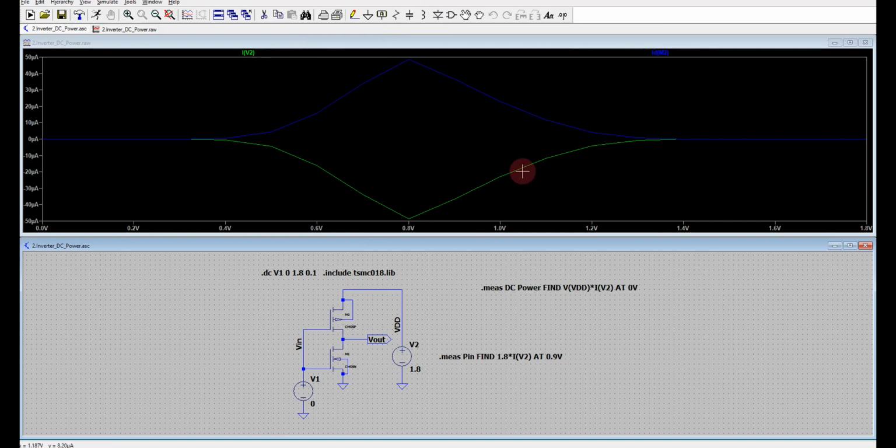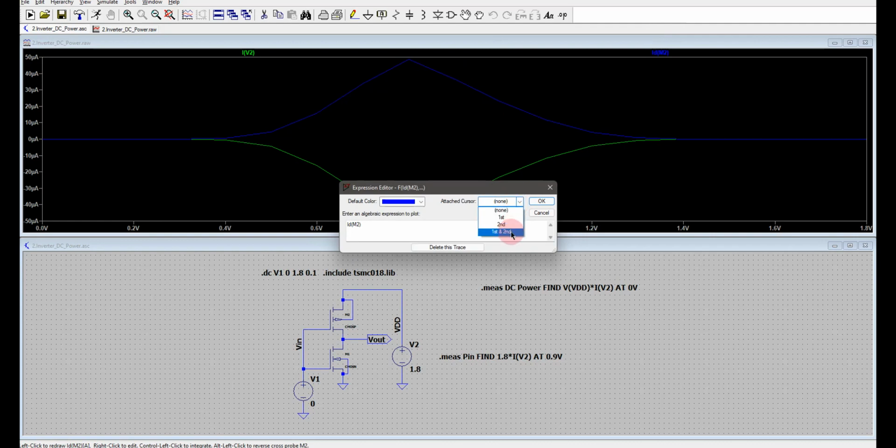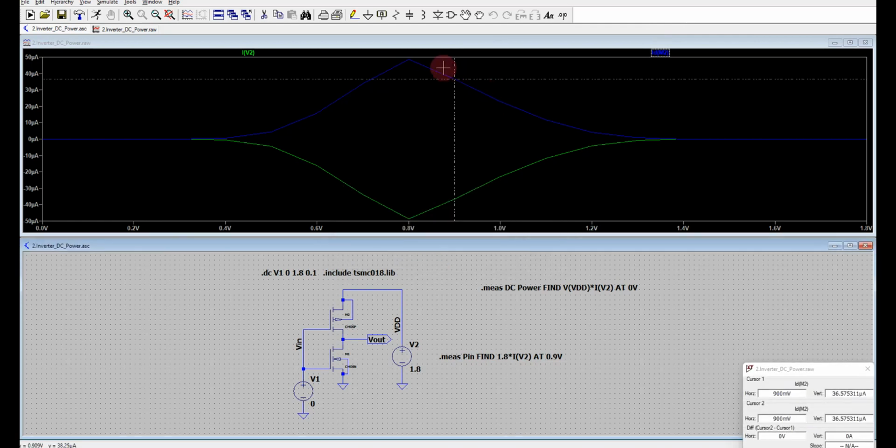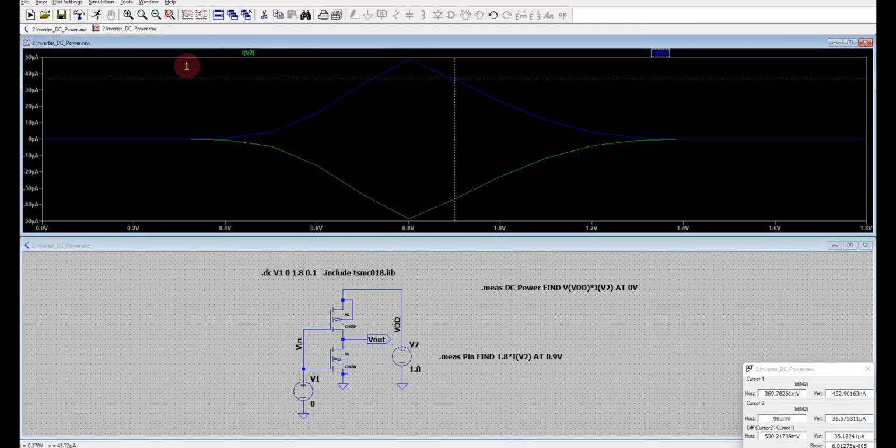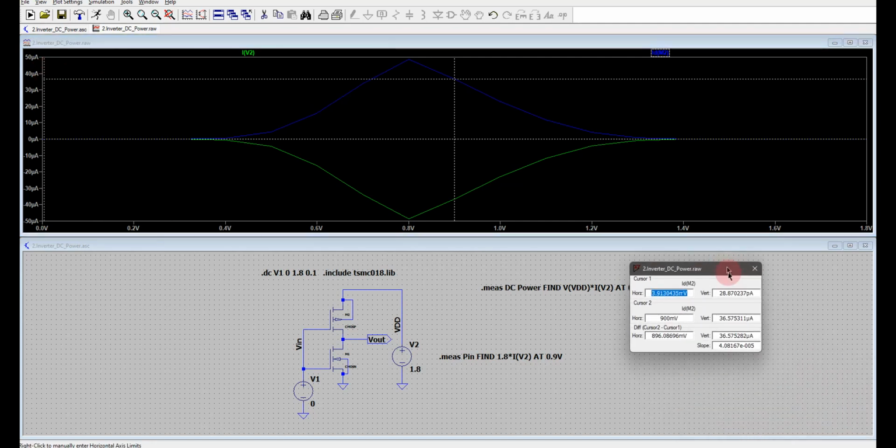Now if I have to find out the static power, static power is when the input is 0 or the input is 1. So I can go here and put a cursor here, and I move this cursor out here. You will find there is some value given here in the table. It is showing some 28 pico ampere.